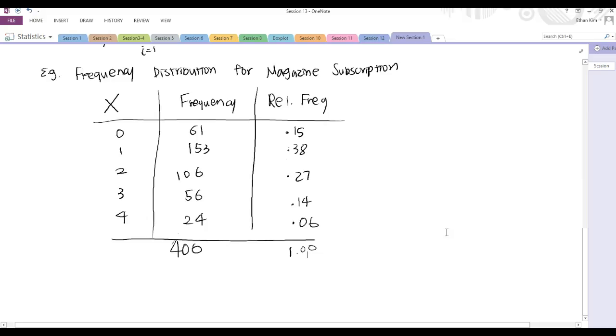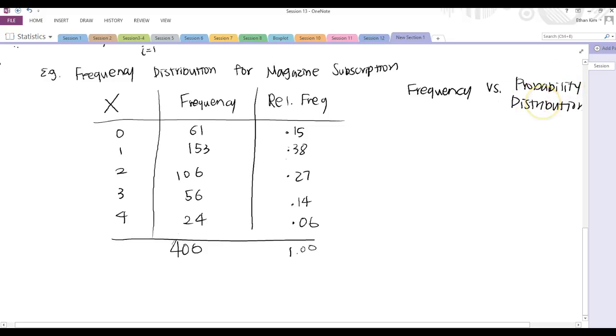One thing to note is that although these are very similar, frequency and probability distribution, when people say something like frequency and probability distribution, they're almost interchangeable.